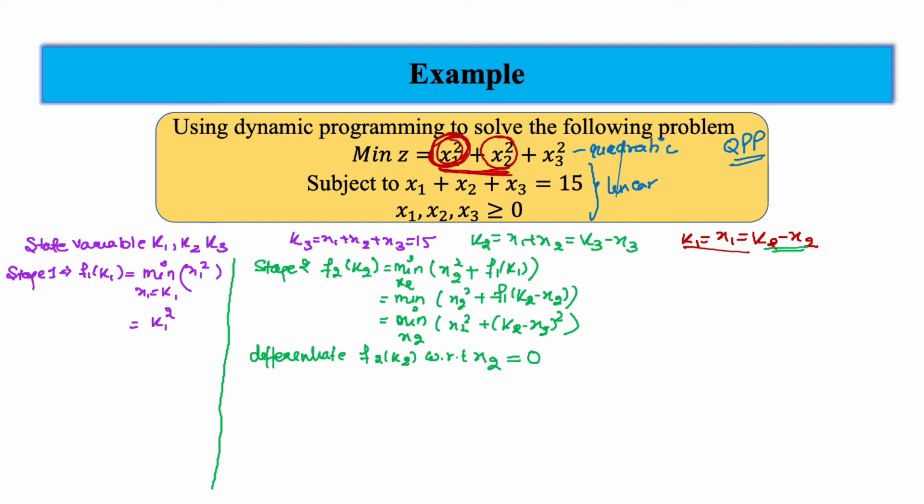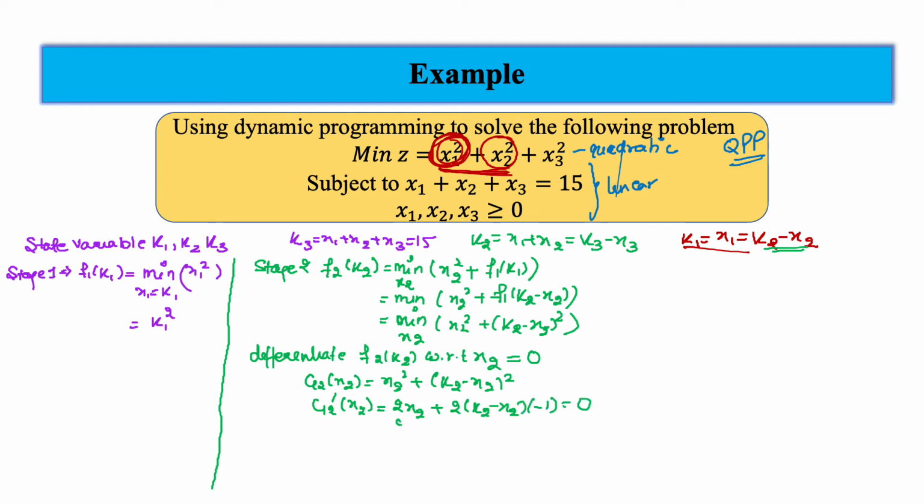Suppose my function is g2 x2 is equals to x2 square plus k2 minus x2 whole square. Now when you differentiate it, what you are going to get? 2x2 plus 2 into k2 minus x2 into minus 1 is equals to 0.